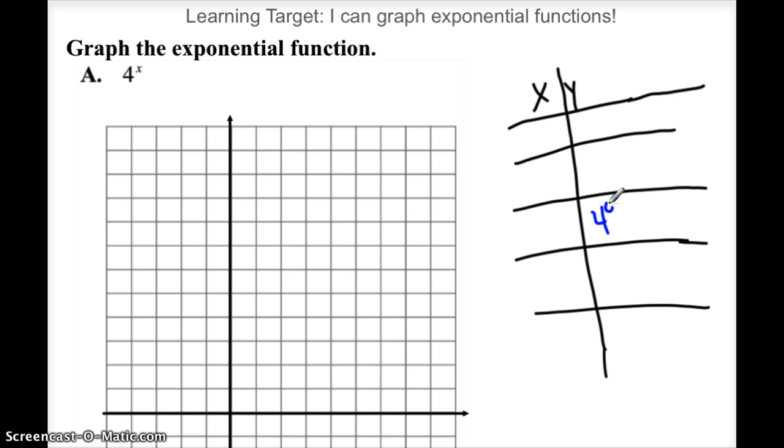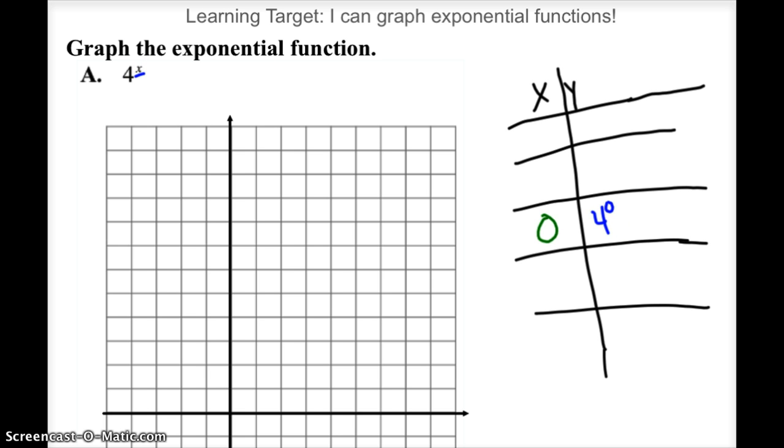In the middle of the road, 5 points will suffice if you go my way. In the middle of the road, I would like to find 4 to the 0 power. So what did I replace x with to make it turn to a 0? Well, obviously I just replaced it with a 0. So when I plug in 0, I end up with 4 to the 0 for y, which is what I'm looking for.